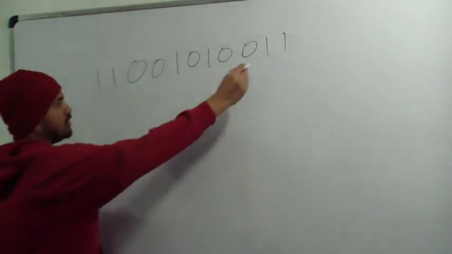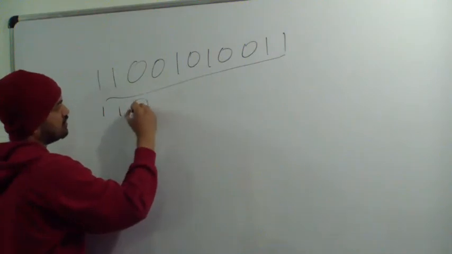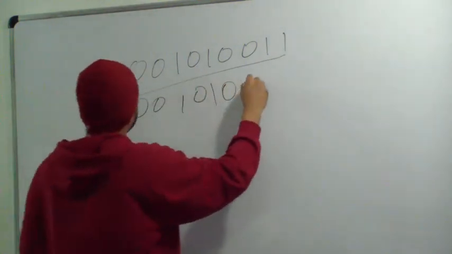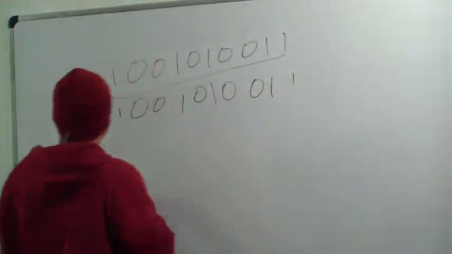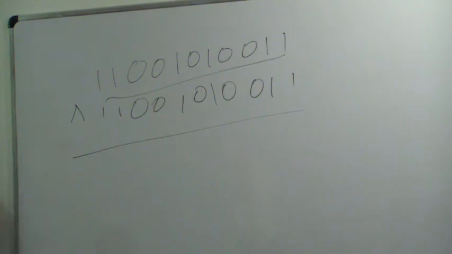So if I were to bring this one here, 1, 1, 0, 0, 1, 0, 1, 0, shift 0, into the 1, 1, 1. If I XOR it, what will be the answer? 0. So if the value and its reverse are XORed and you get a 0, then it's a palindrome. Otherwise it's not. The question is, how will you reverse?